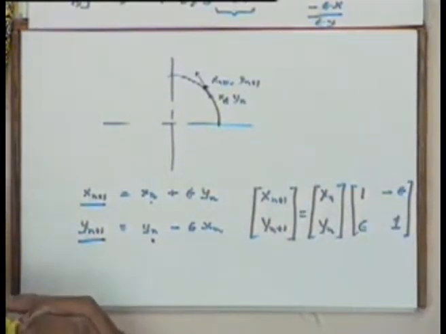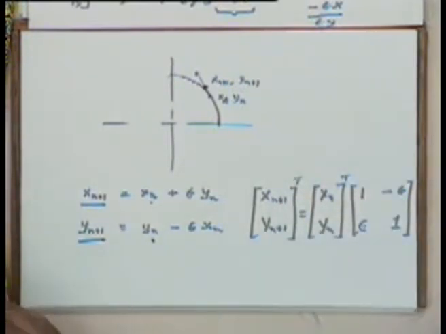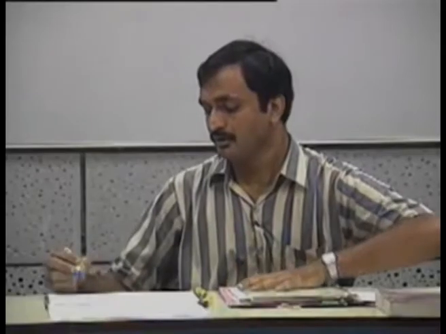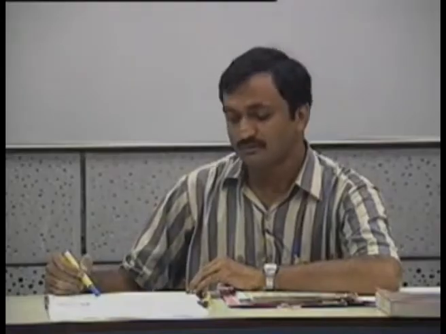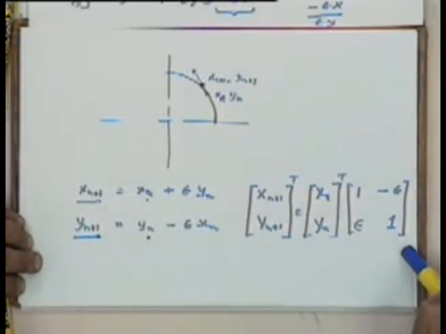Is that okay? So xn plus 1 yn plus 1 can be found out by this system of linear equations. Is that alright?